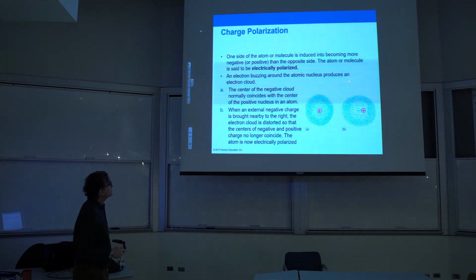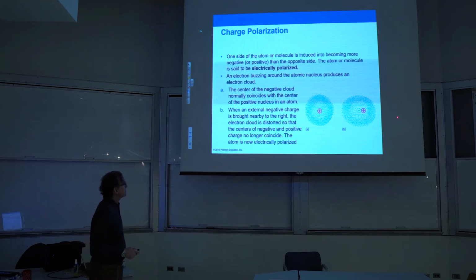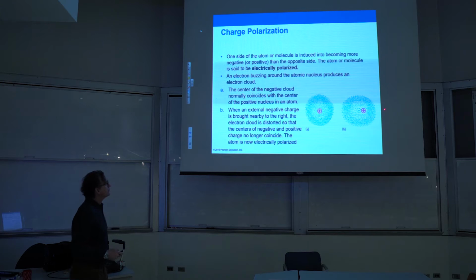We could do that, for example, which was one of the examples we had earlier, but I'll try to briefly review it for you. If I imagine object B right here, you see that the electrons are actually moving more to the left. They're no longer centered on the positive charge. So there's an external force involved that is forcing the electrons to move away from the right side of the atom.